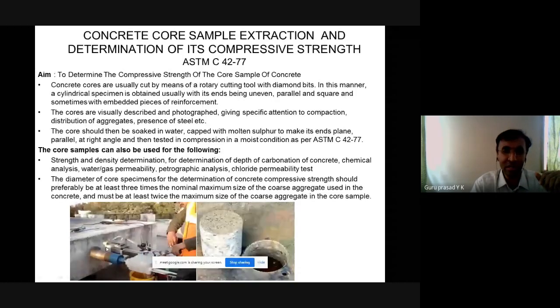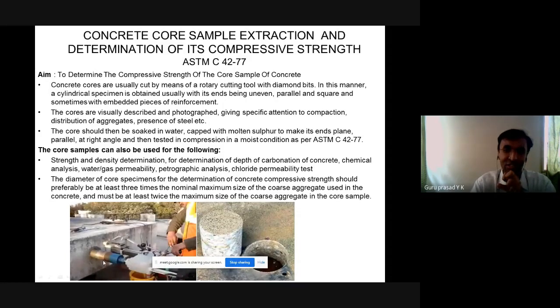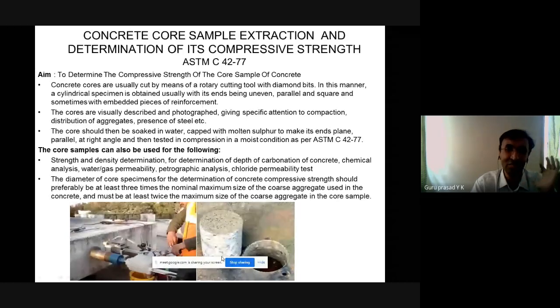Where there is no reinforcement present, I repeat again, where there is no reinforcement present, a core of the concrete is drilled and extracted from the in situ concrete, so that this core can be tested in the laboratory under compression to know the in situ concrete strength which has been developed.